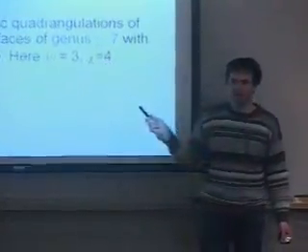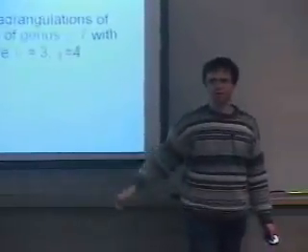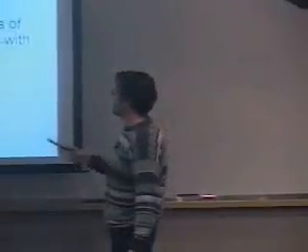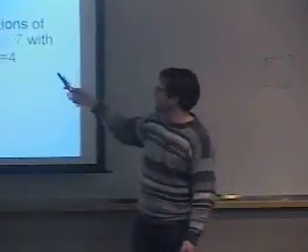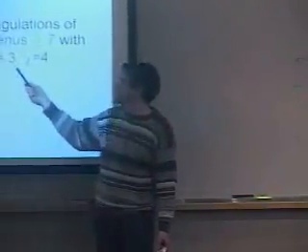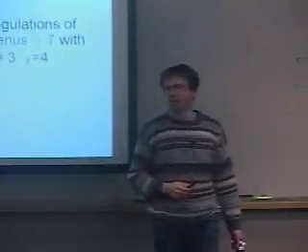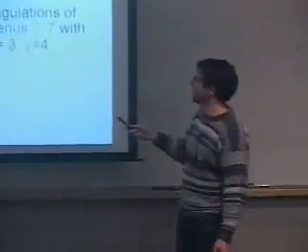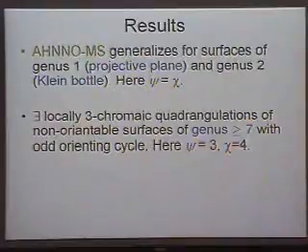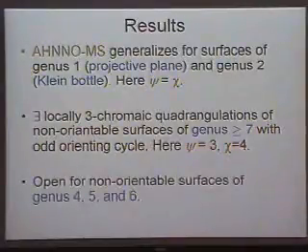Genus is just how many Möbius strips you put in. So genus 1 was the projective plane, genus 2 was the Klein bottle. And if you put enough, at least 7, then we have counterexamples. We have examples where the local chromatic number is 3, but the chromatic number itself is definitely 4 because it has an odd orienting cycle. And it's open.